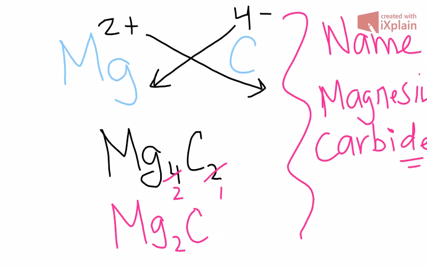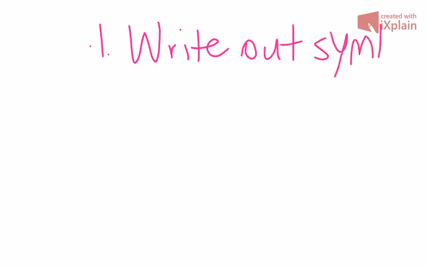Okay, so again, just to reiterate, an ionic bond is formed between a metal and a nonmetal. The metals always lose electrons, and the nonmetals always gain those electrons, and the bond formed between them is called ionic. When you are writing the formula, step 1 is to write out the symbols with the ionic charge on top.